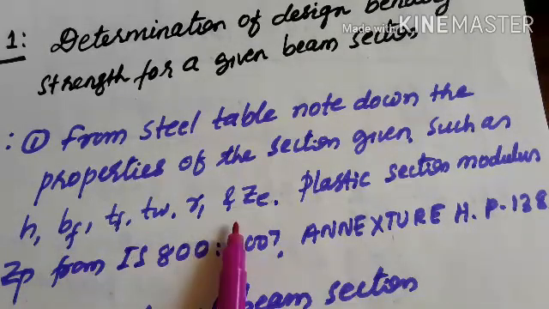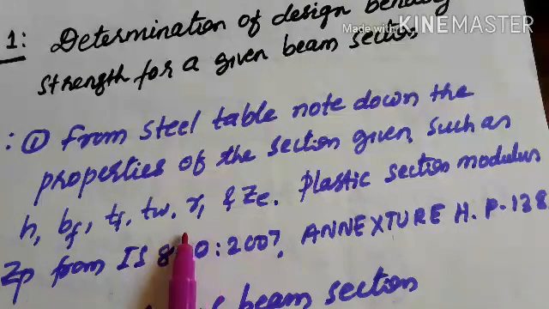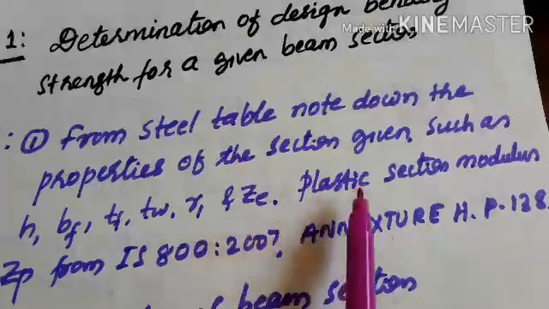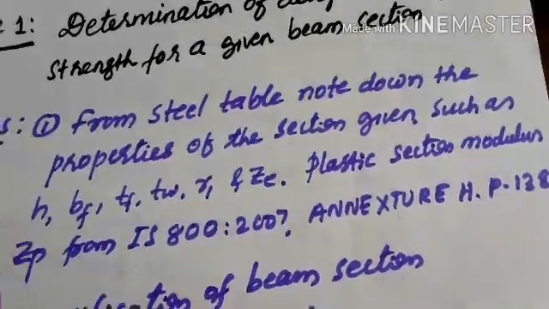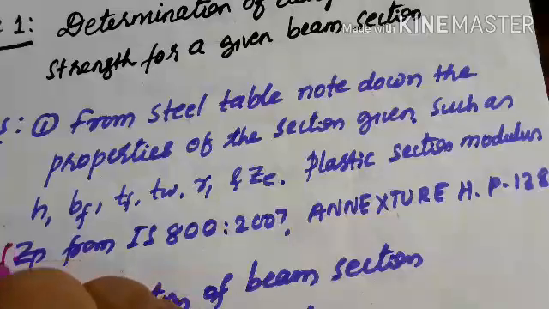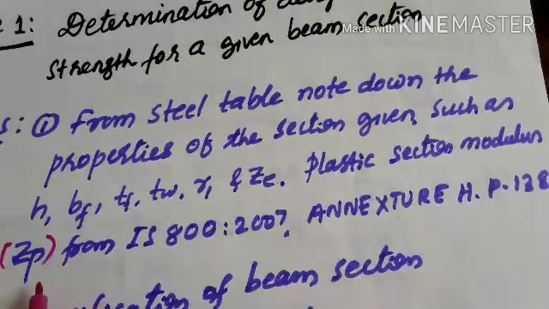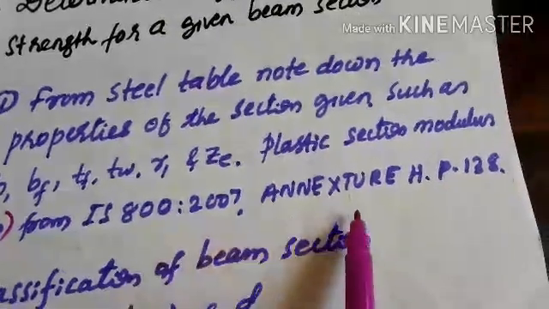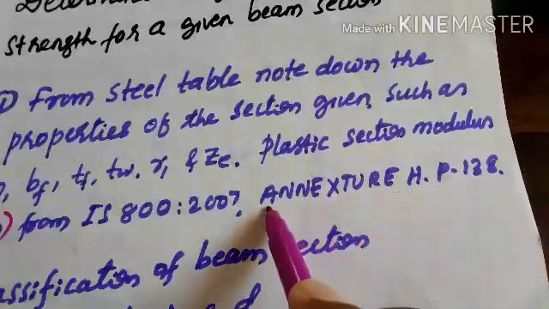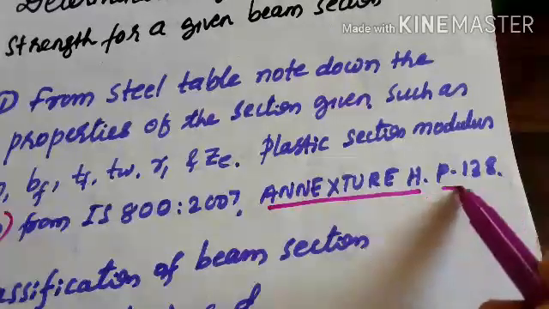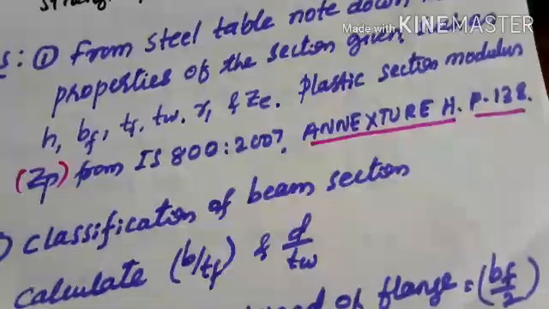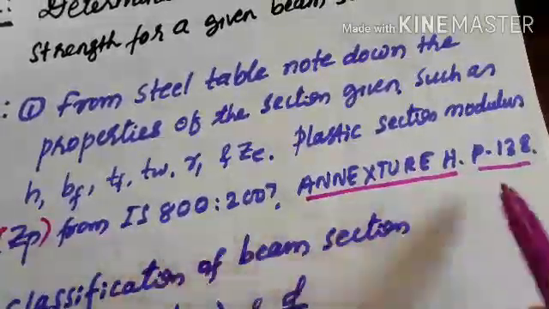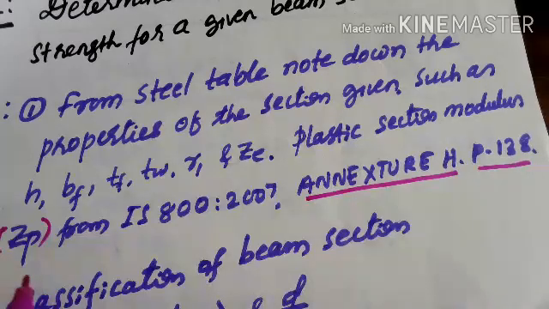All these properties we get from the steel table. Then for the plastic section modulus ZP, you have to refer to IS 800 2007 Annex H, page number 138.